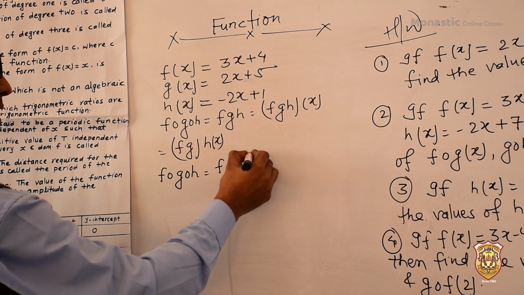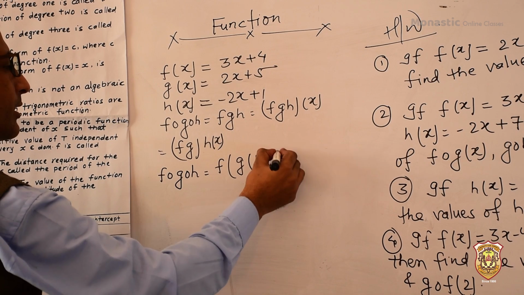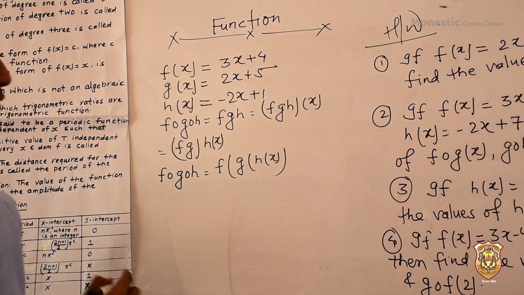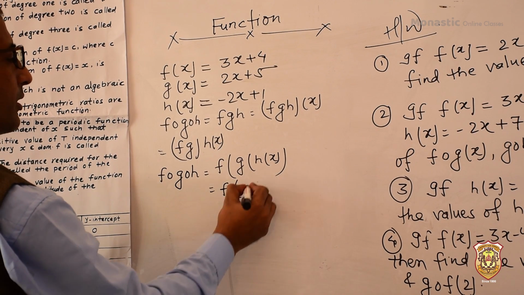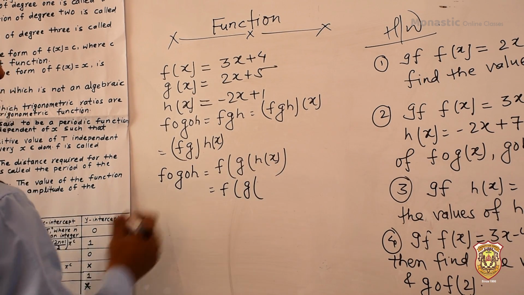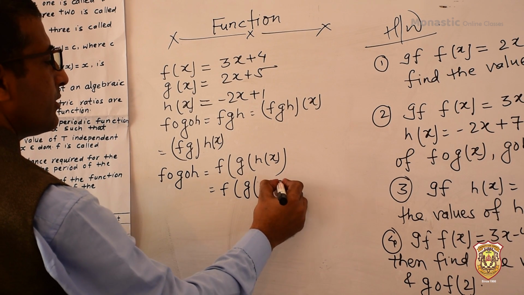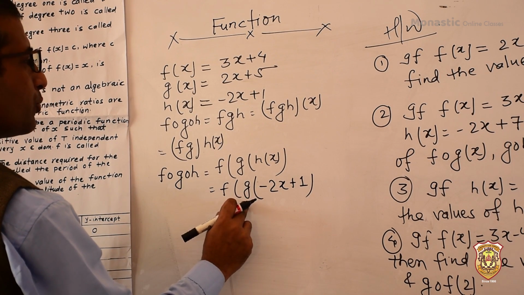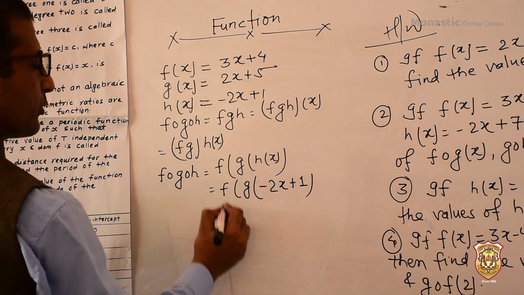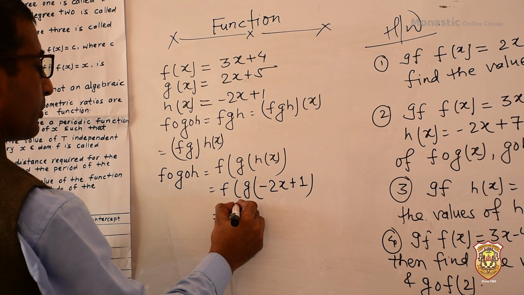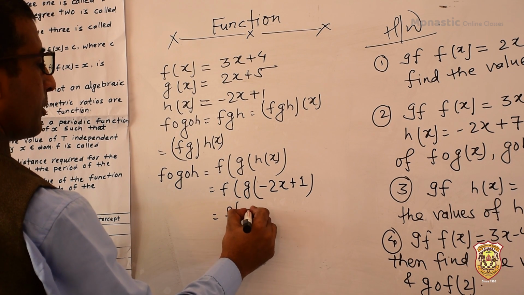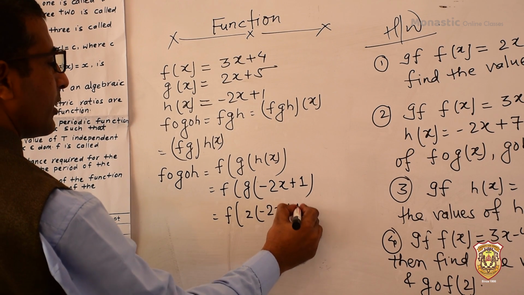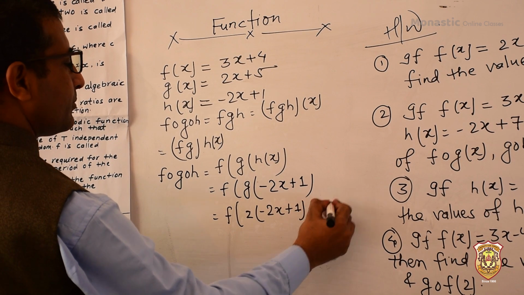First of all, we will write it inside the bracket, and at last we will add the variable also. So we have the function h of x is minus 2x plus 1. This value you have to put in function g of x, that is 2x plus 5: 2 times, in place of x, minus 2x plus 1, plus 5.